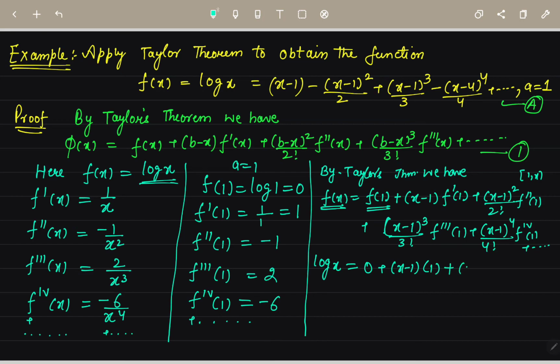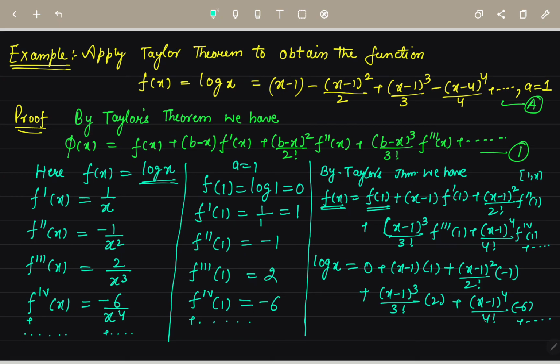Similarly, the next term will be x minus 1 whole square over 2 factorial into minus 1. The third term will be x minus 1 whole cube over 3 factorial into 2. The fourth term will be x minus 1 whole raised to power 4 divided by 4 factorial into minus 6, plus so on. So this is basically the value of this function by Taylor's theorem.